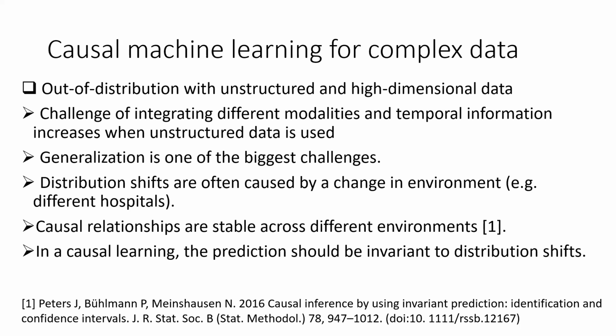Here we're interested in a realistic setting where the test data distribution might be different from the training data distribution, and this setting is often referred to as out of distribution generalization. From this reference paper, they stated that causal relationships are stable across different environments. In causal learning, the prediction should be invariant to distribution shift.